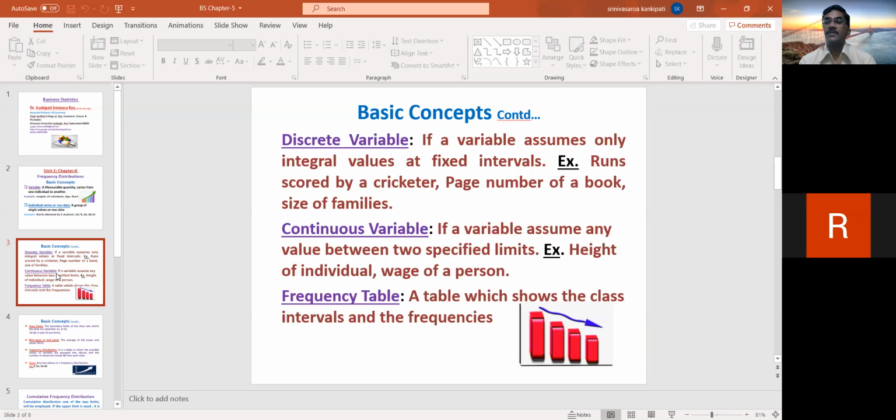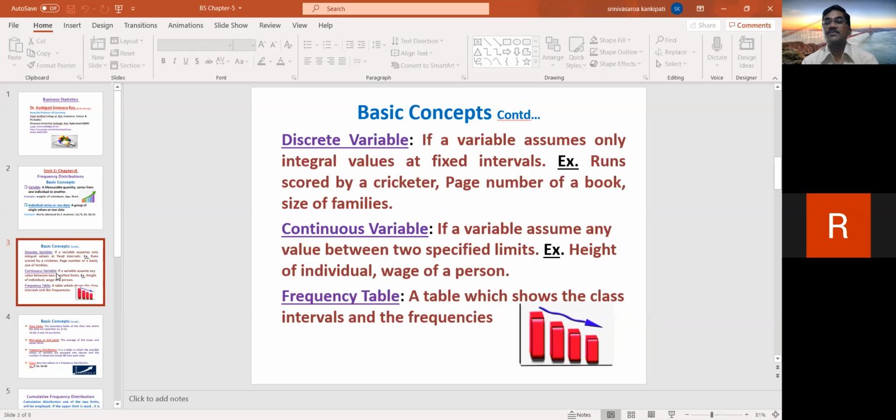Some families may be bigger, some will be smaller. So what you have to understand is that a discrete variable can assume integral values at fixed intervals. Keep that in mind.